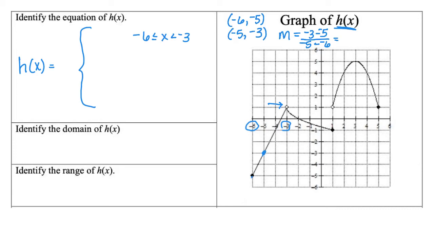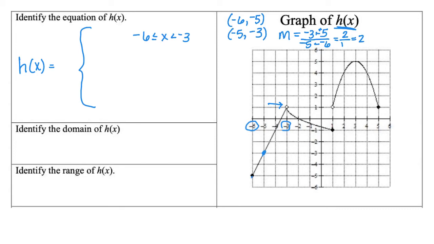In the numerator, a minus a negative is plus a positive, so that's going to give us 2. In the denominator, we're going to get 1. So our slope is 2.